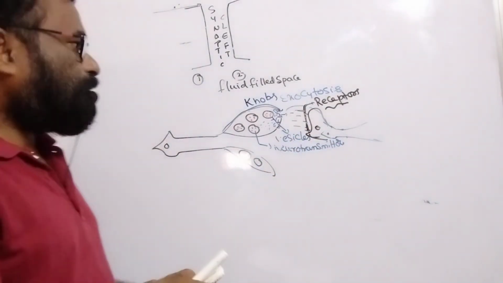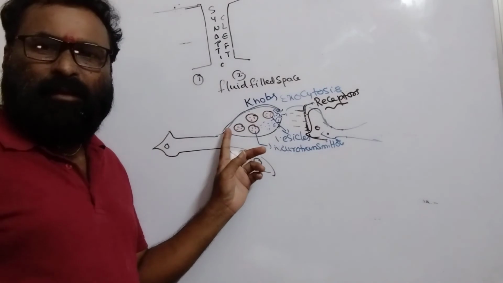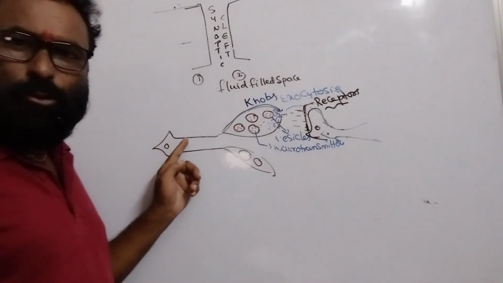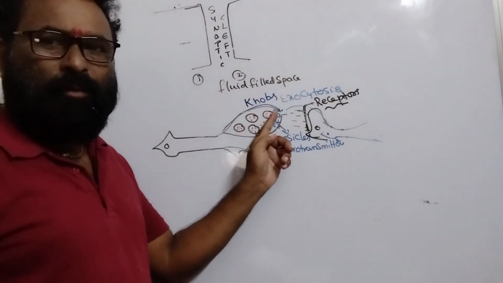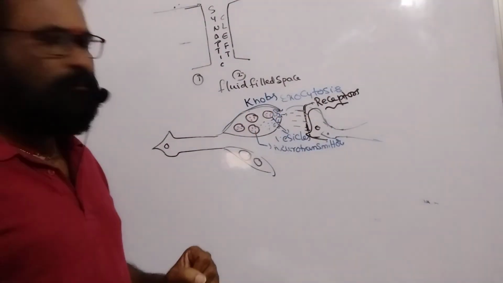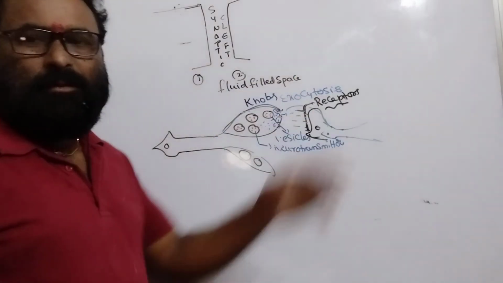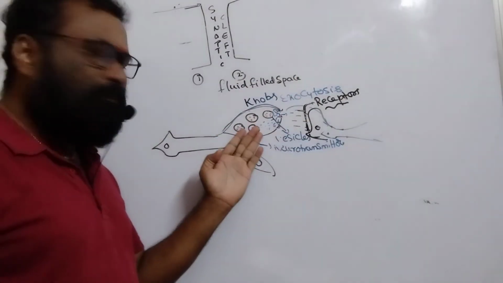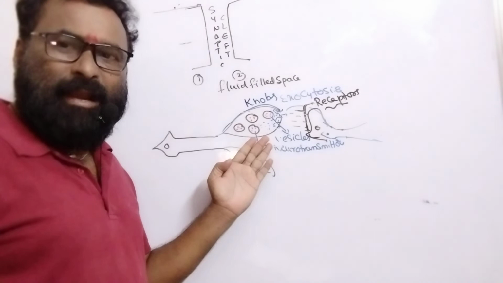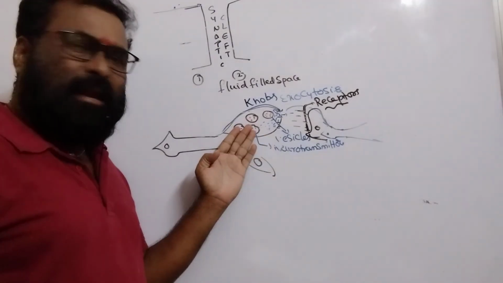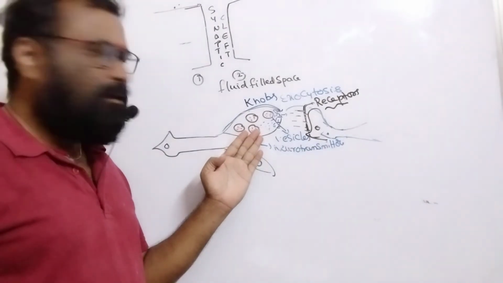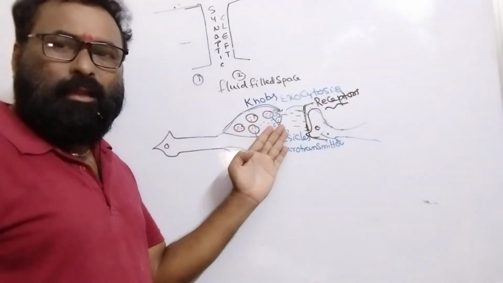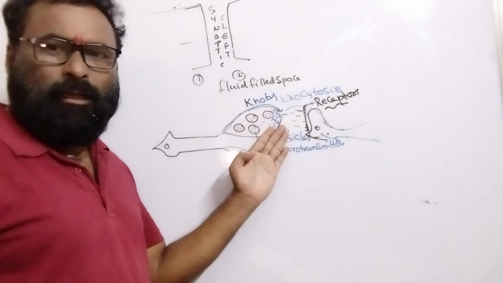Again I am saying, whenever the action potential travels through the fiber, it wants to jump from here to there, through the gap. At that time chemical transmitters are needed. Chemical transmitters are liberated from the synaptic vesicles and travel up to the ending portion of the bouton.